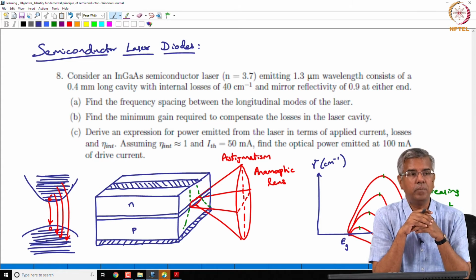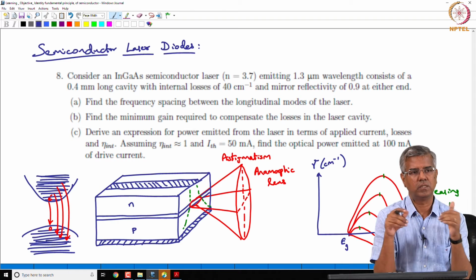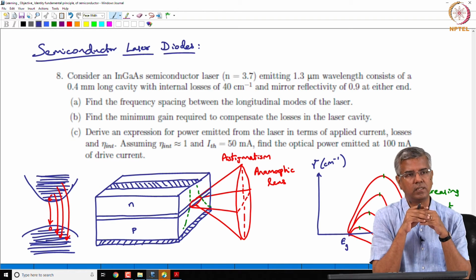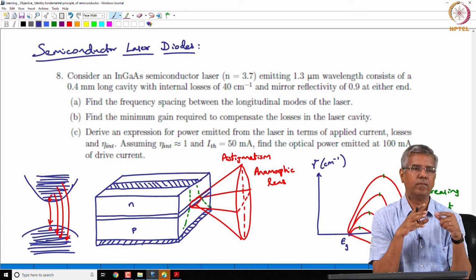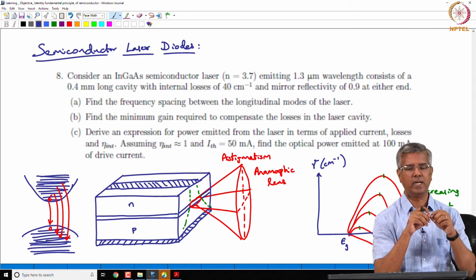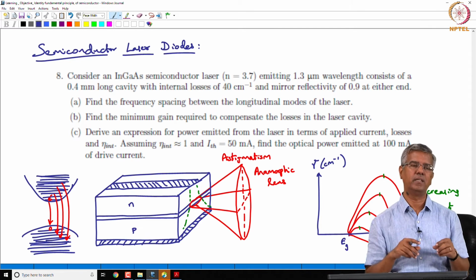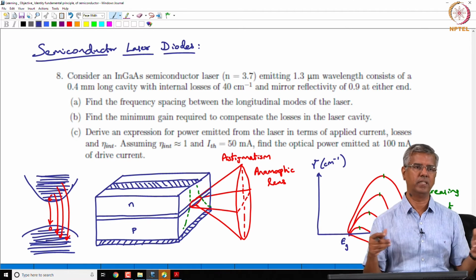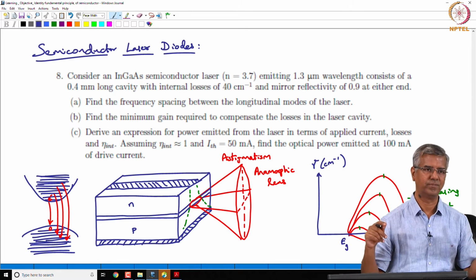No, it can be. So, that's the biggest difference between an atomic system and this semiconductor system. In the atomic system, different atoms in different places can have the electrons at the same energy level, right.